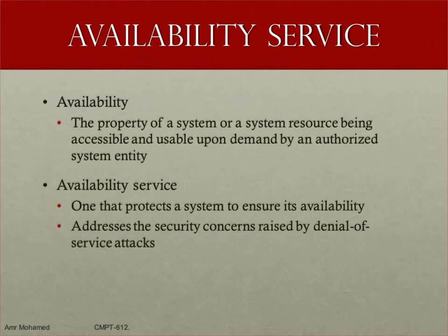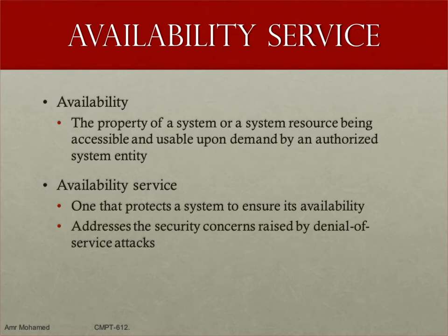Availability is the property of a system or a system resource being accessible and usable upon demand by an authorized system entity, and the availability of a service is one that protects a system to ensure its availability, to address the security concerns raised by denial of service.